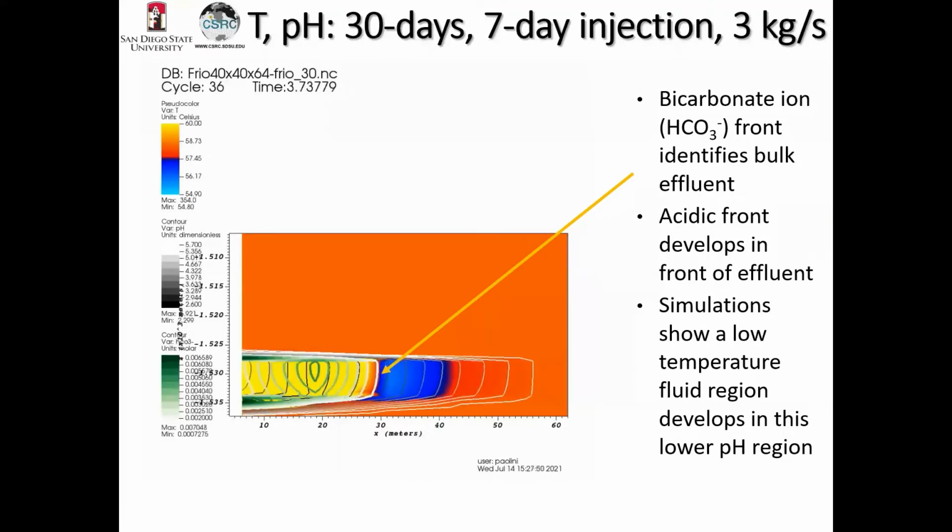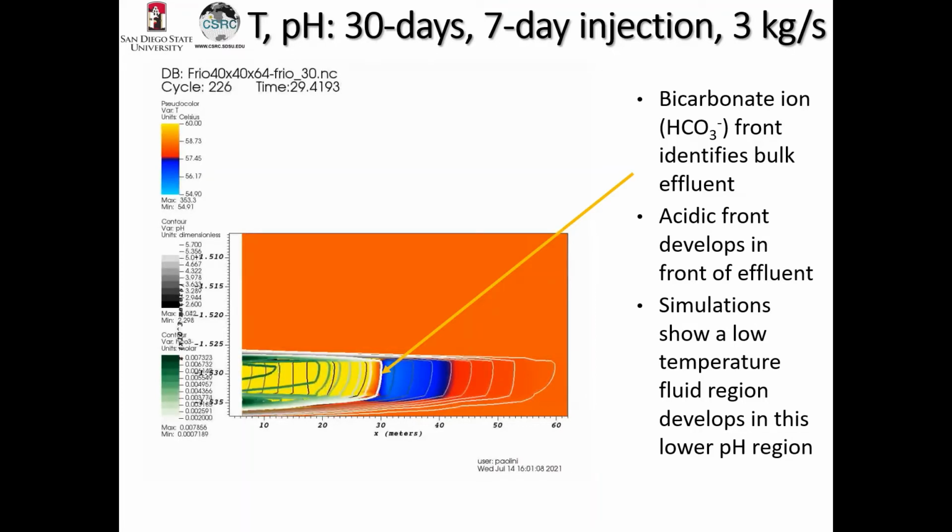Now, if we take that same plot and we also plot bicarbonate concentration, I've done that in shades of green. We can see the thicker contour line from white to green is bicarbonate concentration. The greener the line, the higher the concentration of bicarbonate.